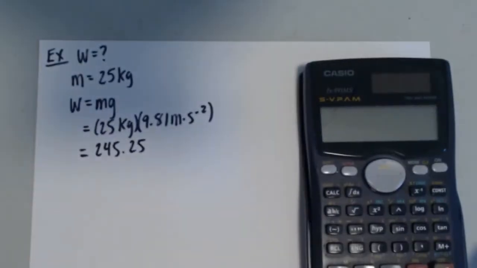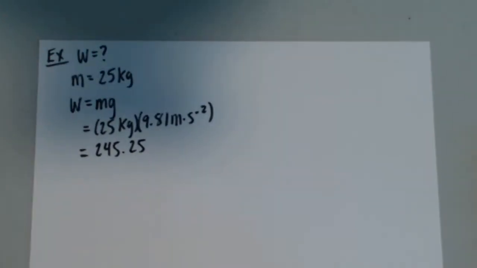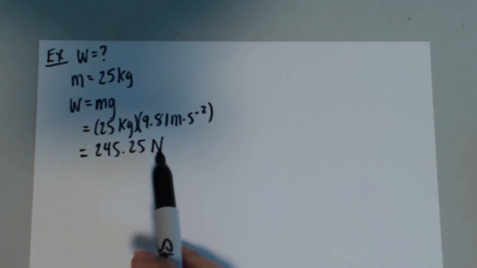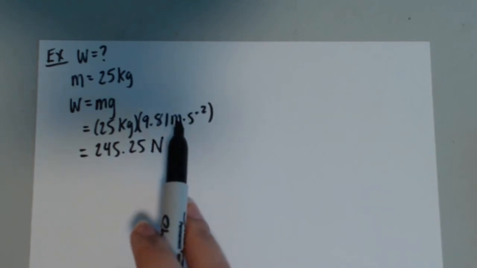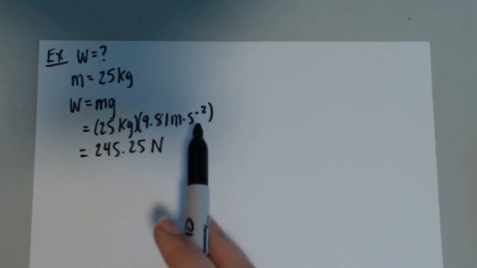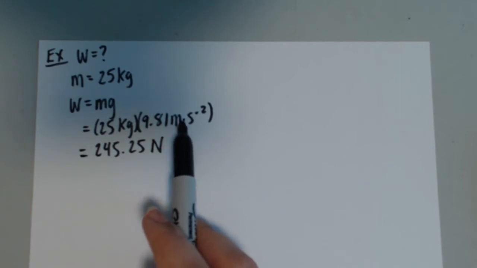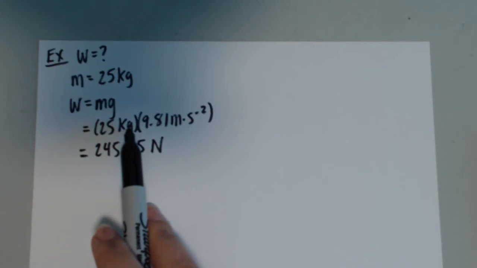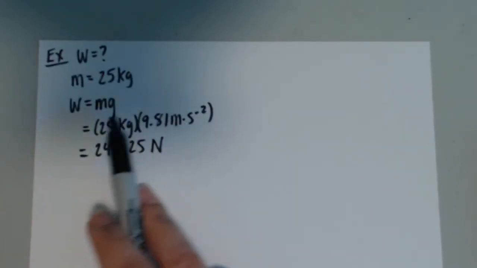Now, this is interesting because you know, because of what I've told you, that weight is measured in newtons. But looking at what's getting multiplied together, you have kilograms times meters per second squared, and somehow that's becoming a newton. And really, from what you learned way back in one of the first videos, we had our 7 standard international units, and the unit for length was meters, the unit for time was seconds, and the unit for mass was kilograms. And we said that there are derived units that are comprised of these ones.